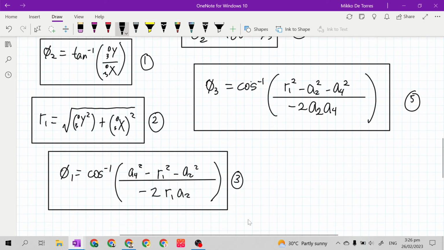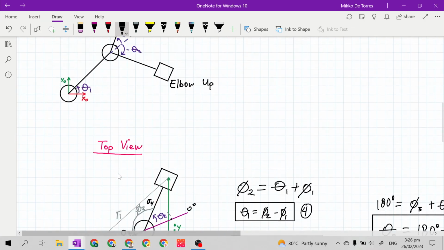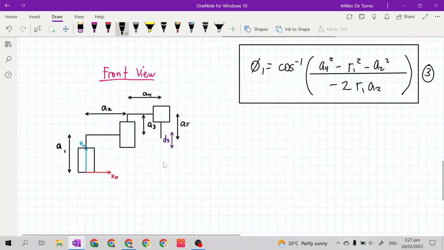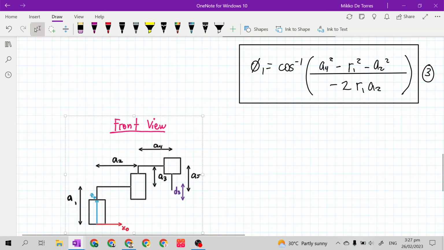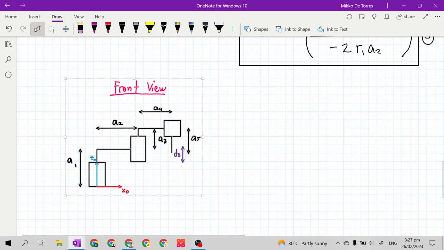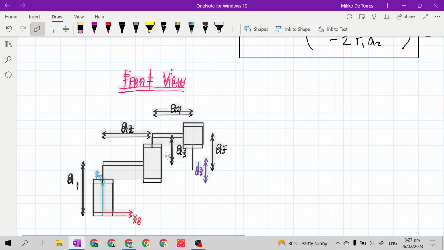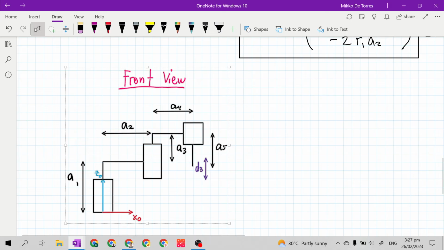Okay. So this SCARA manipulator also has a prismatic joint. We can see it if we redraw our manipulator into a front view kinematic diagram. So we can see now our end effector.